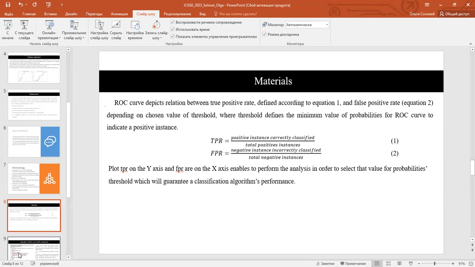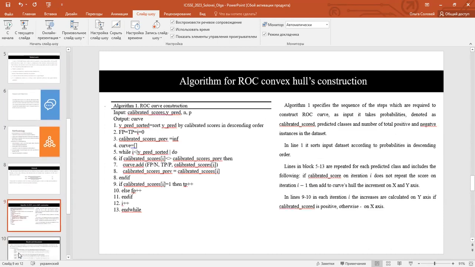True positive rate is plotted on the y-axis and false positive rate on the x-axis. This enables analysis in order to select the value for the probability threshold, which will guarantee a certain classification algorithm performance.